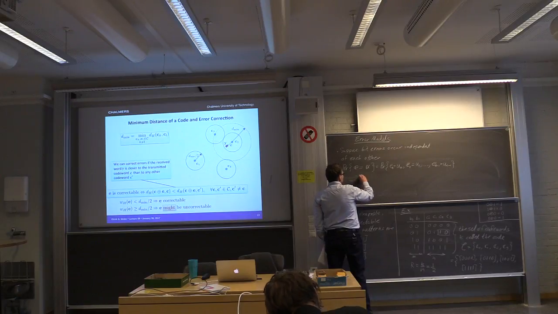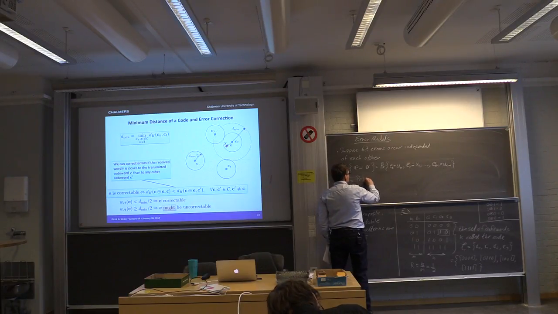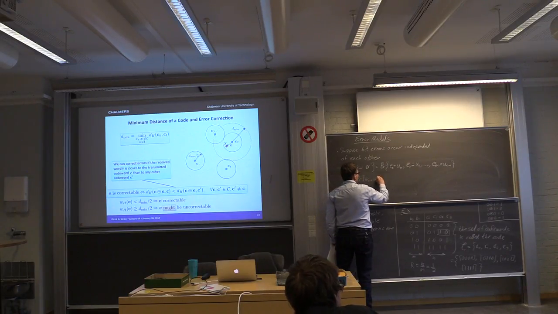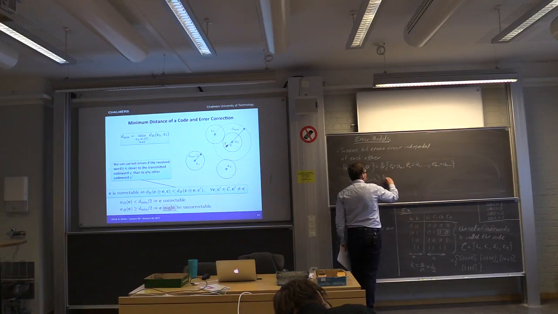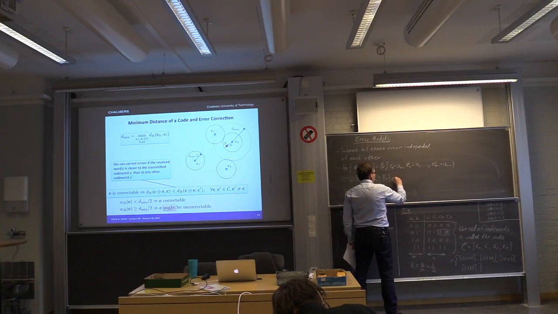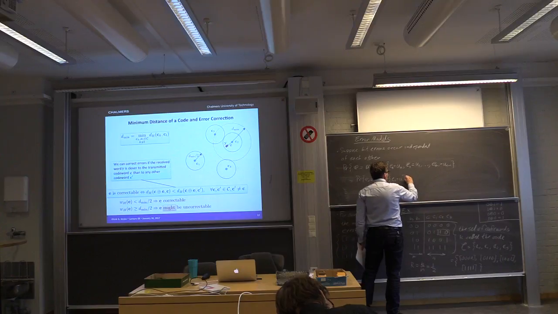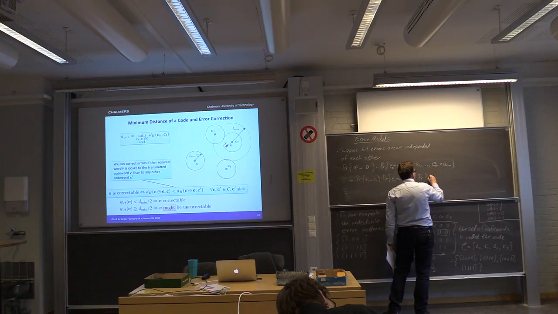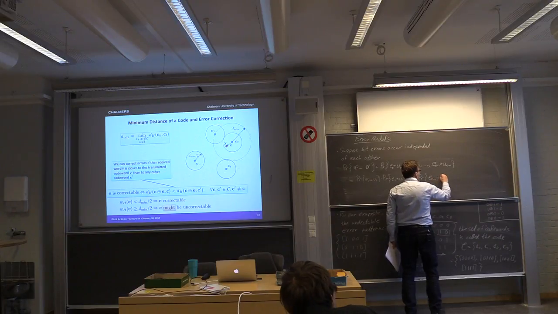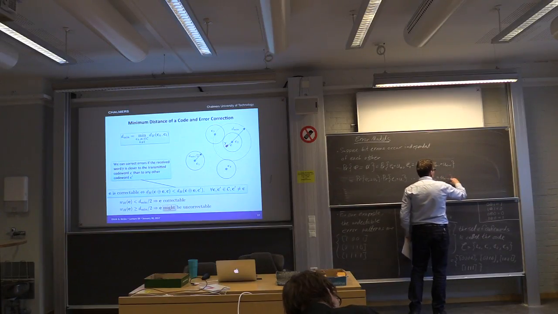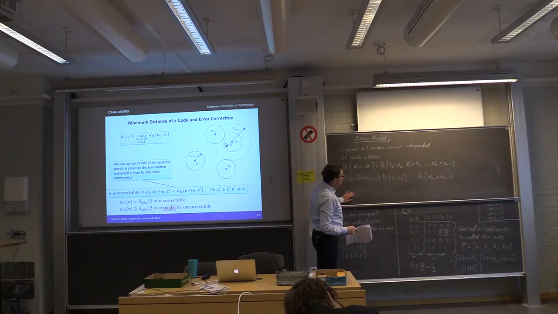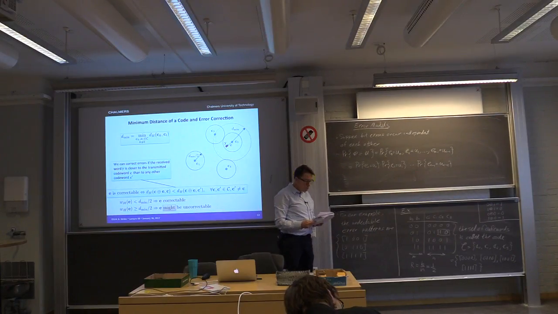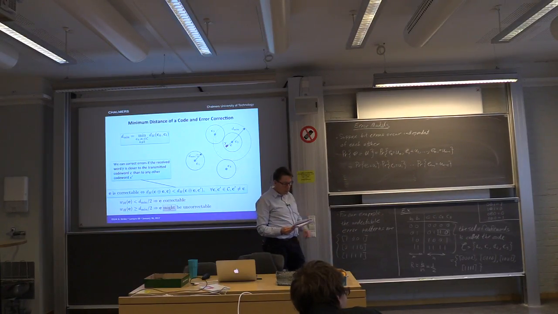So we can write this as the probability that E0 is equal to U0 times the probability that E1 is equal to U1, and then we keep on going until the last probability, which is that E(n-1) is equal to U(n-1). Okay.